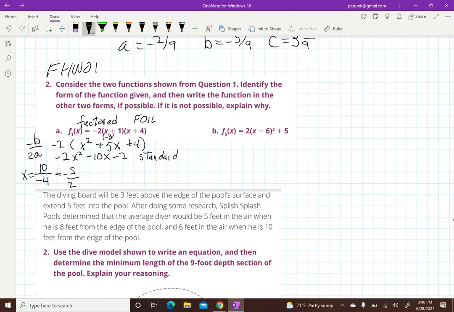Minus 3/2. What is -5/2 plus 4? So what is -2.5 plus 4? That would be 1.5. That would be 3/2. So what is -3/2 times 3/2? Why, that's -9/4.